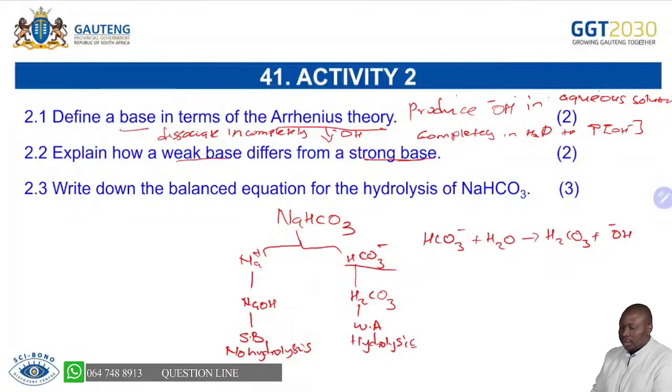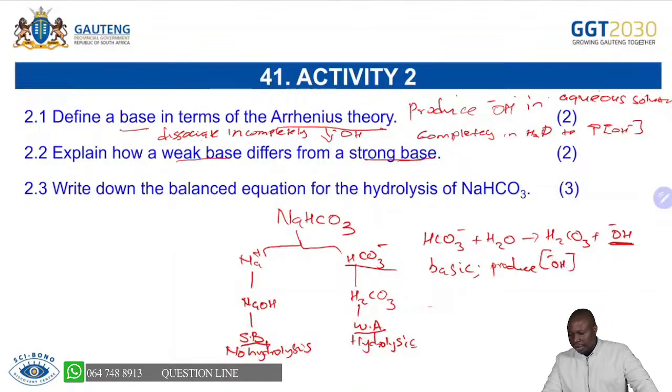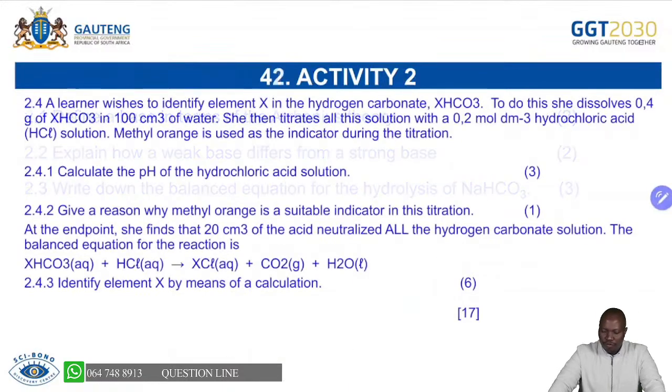Your conclusion: the salt will be basic. Why are you saying the salt is basic? It is basic because it produces hydroxide ion. So this is a basic salt, or because it's a salt of a weak acid and a strong base. Then you go to 3 marks, you are richer. You are looking forward to other questions and to move on.